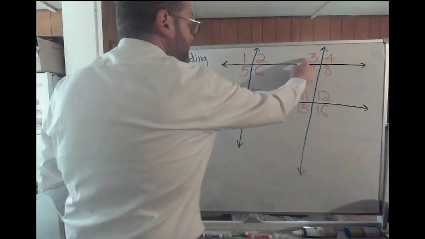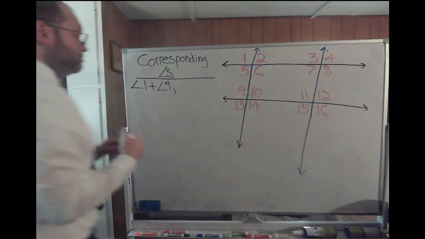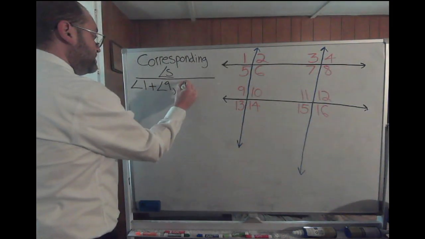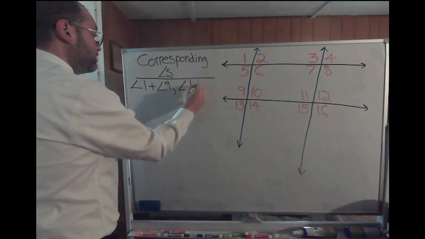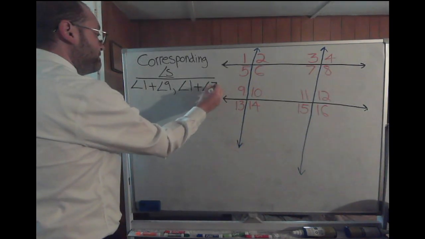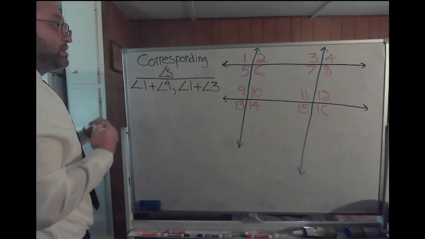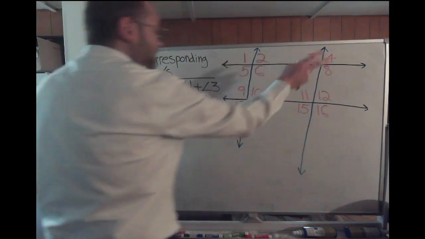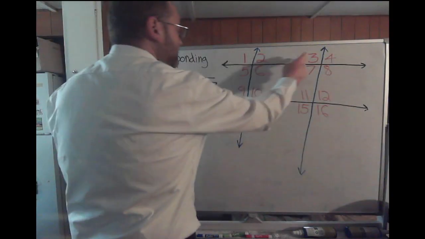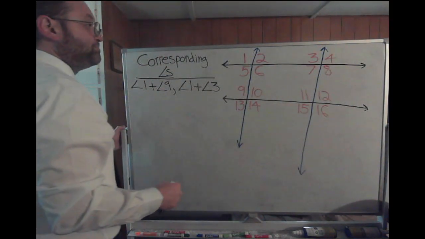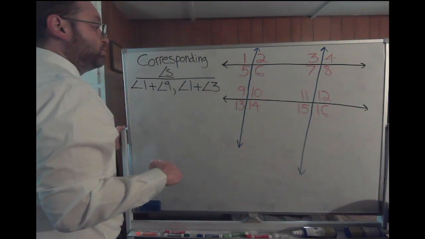Angle 3 would be on the same part of the second blue line. So you can say that angle 1 and angle 3 are corresponding angles. They're in the same position, the top left of both lines, so that would work.